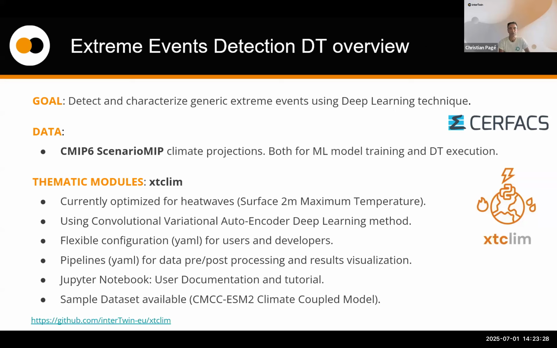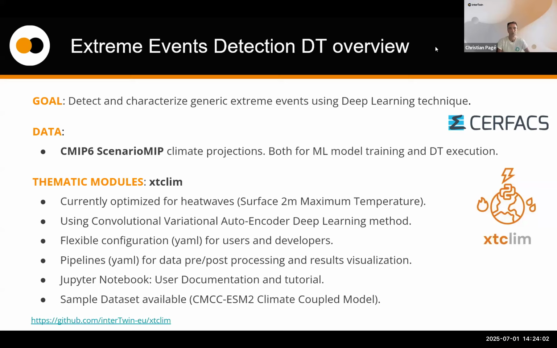But since the deep learning technique is generic, it's a convolutional variational autoencoder, and this is the deep learning method that is used in general to detect anomalies. And in this case, the anomalies are the climate extremes. So we can use this method to identify different extremes on different atmospheric variables.